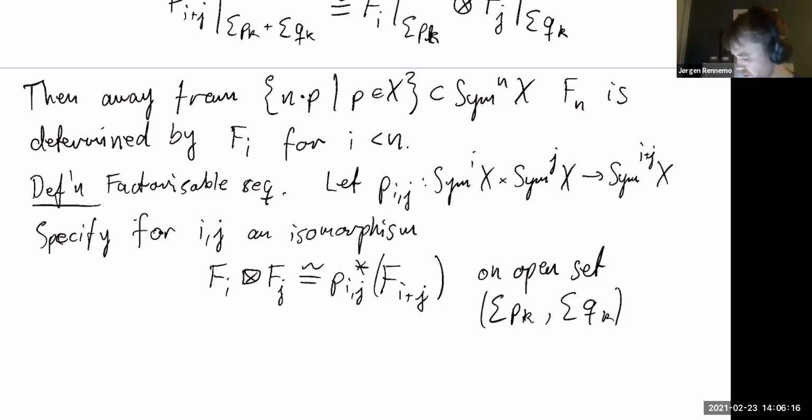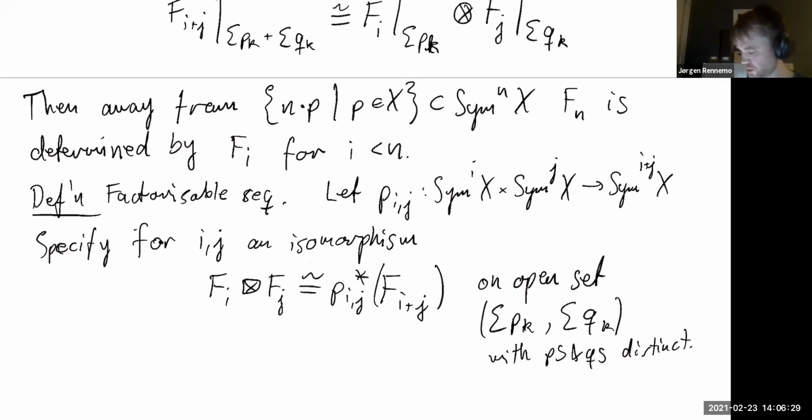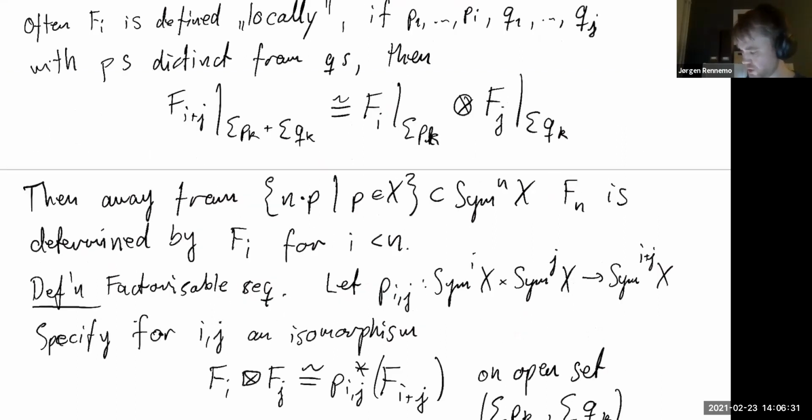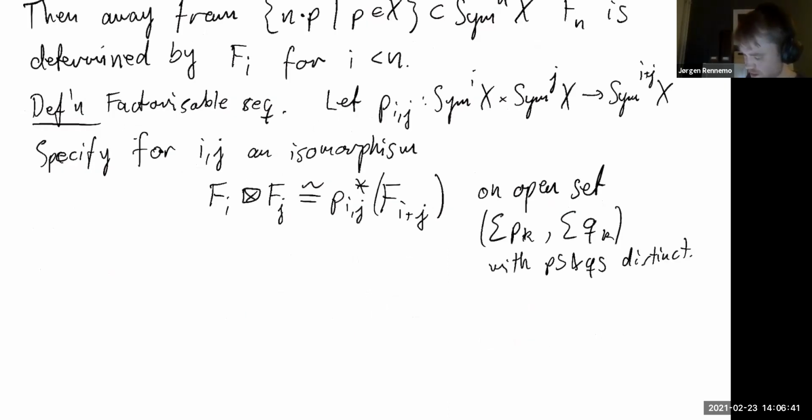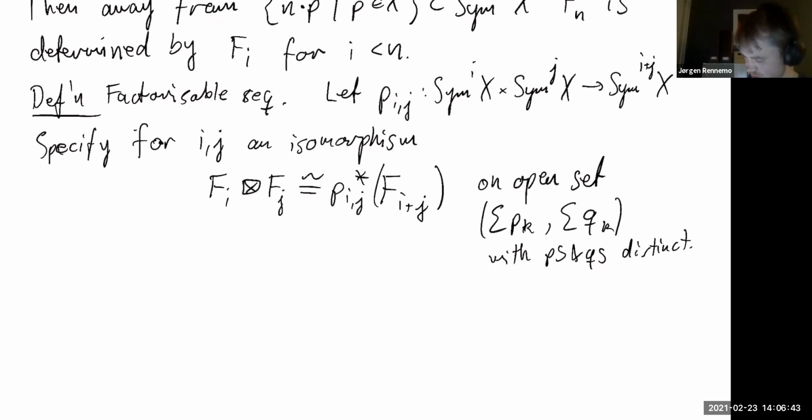This is just a family version of the property that we had upstairs. This is just saying, at each point we should be able to decompose this thing into this thing. So this satisfies conditions.